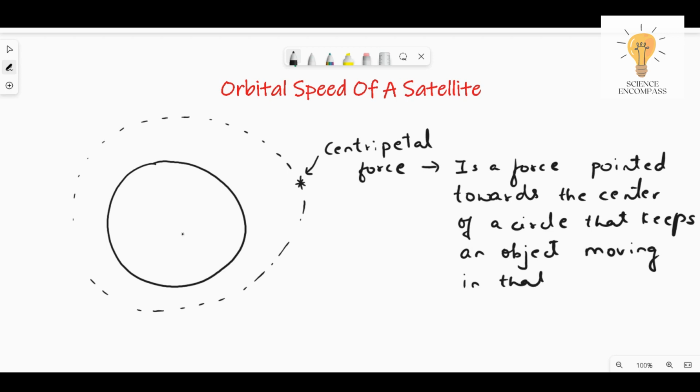All right, so that's the definition of a centripetal force.